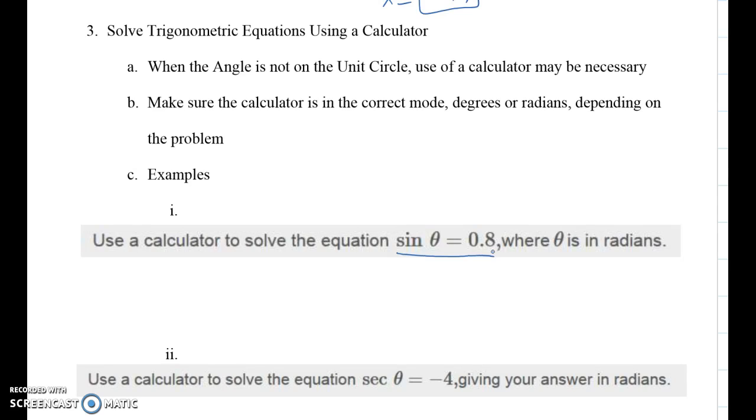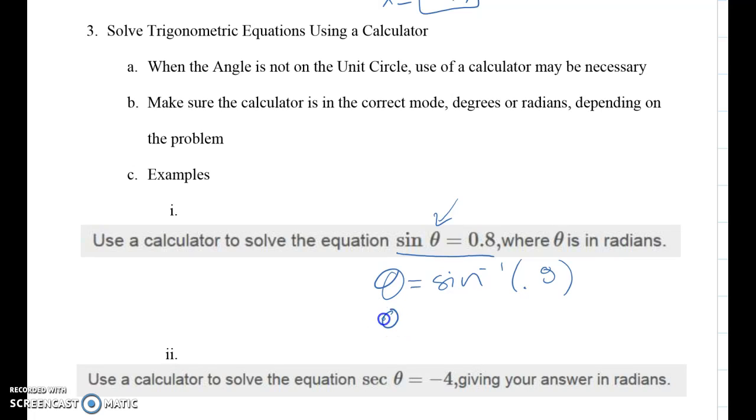And so we're going to use our inverse trig functions to help us to solve for this. I want to get theta by itself, and so that means theta would be equal to arc sine of 0.8, and it says where theta is in radians. So you want to grab your calculator, make sure it's in radians, not in degrees, because it will give you a different numeric value.